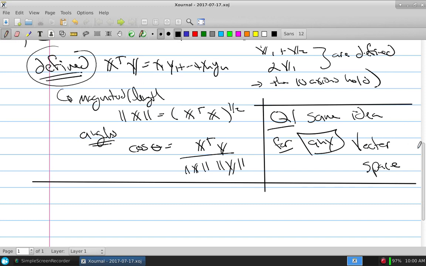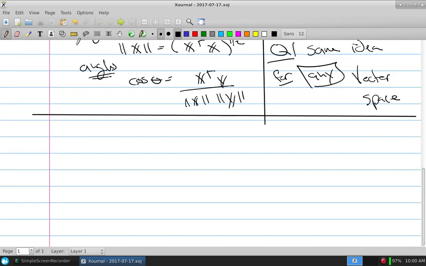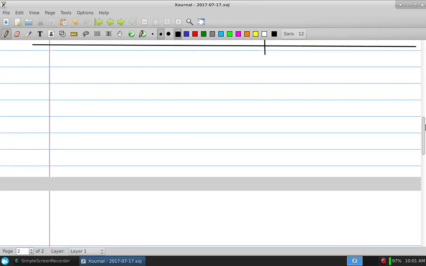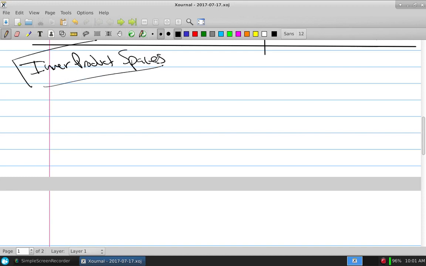So we're going to still have our vector spaces, but we're going to add an entirely new operator that would then say, hey, this is going to involve angles, this is going to involve lengths. And we're going to eventually call these things inner product spaces. All right, what's an inner product space?